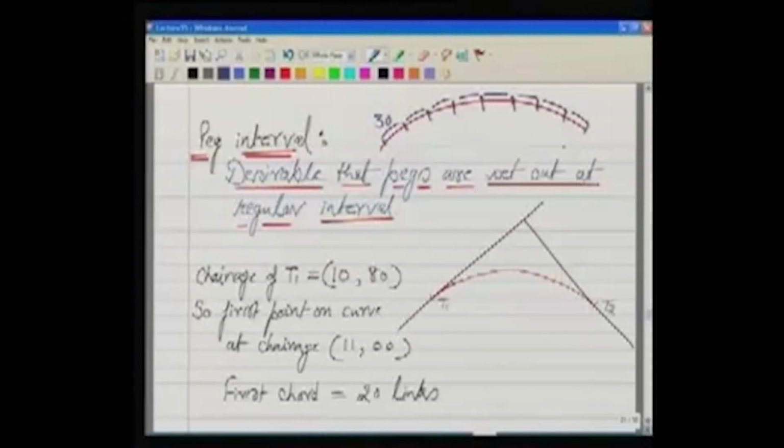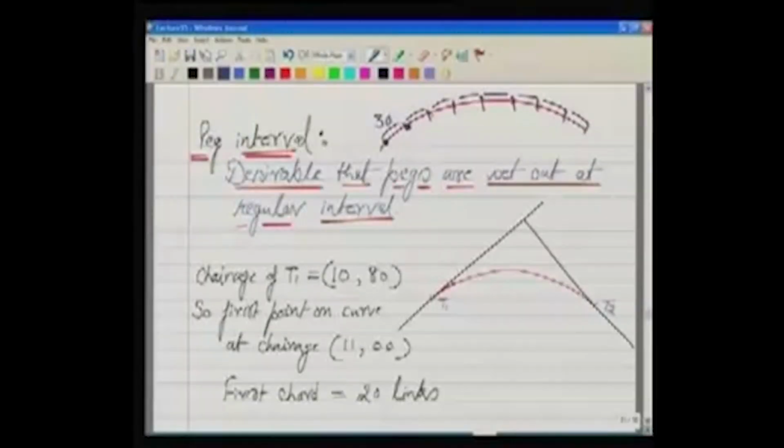Also, as we are discussing chainage, we want to have these pegs at full chainages. For example, if the chainage is n, then n plus 1, n plus 2. We want these at full chainages because that is easy to work with in the field. In the field, you are working with laymen, the workers there.